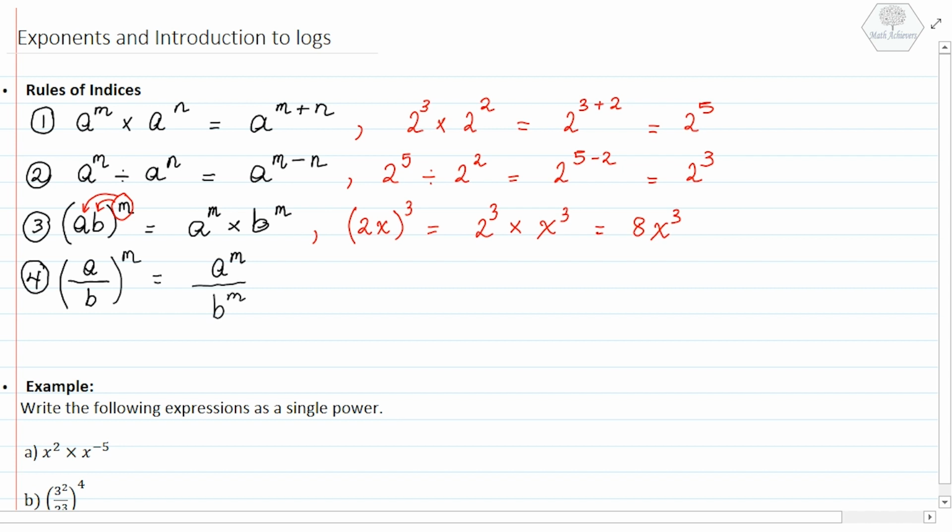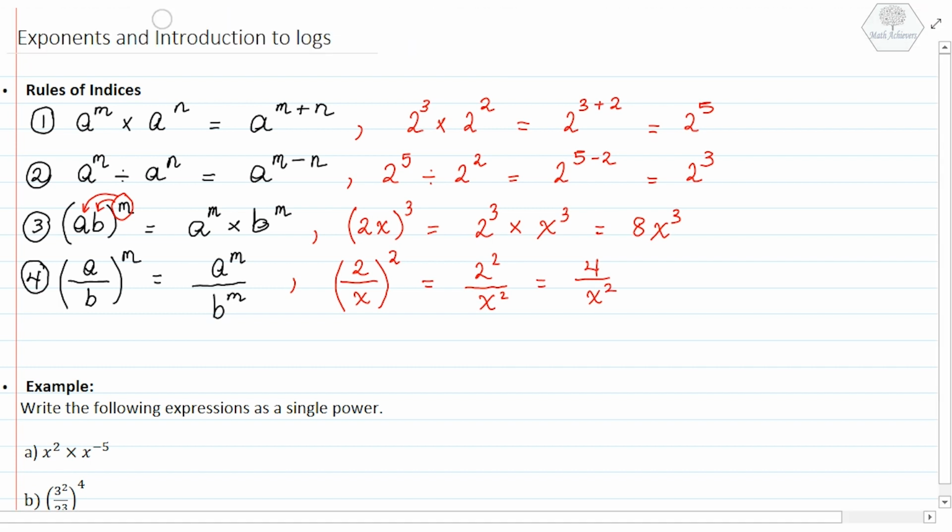So, an example on this rule also: if I have 2 divided by x, all of it to the power of 2, this will give me 2 squared divided by x squared, which is equal to 4 over x squared.